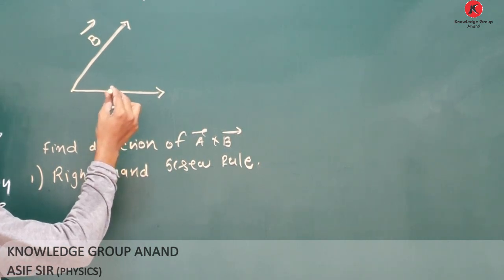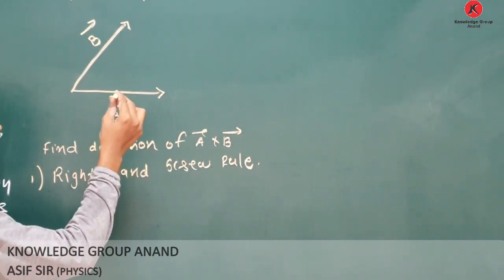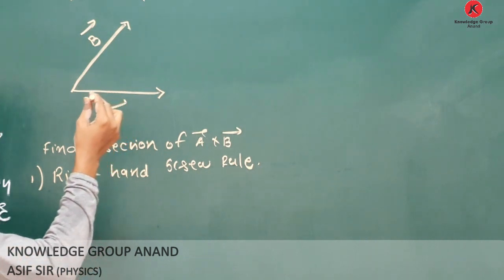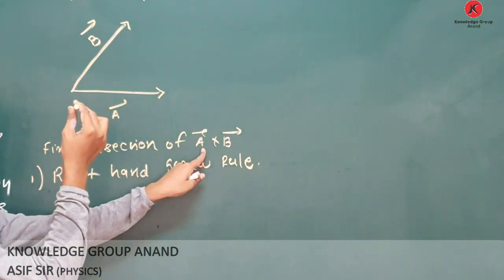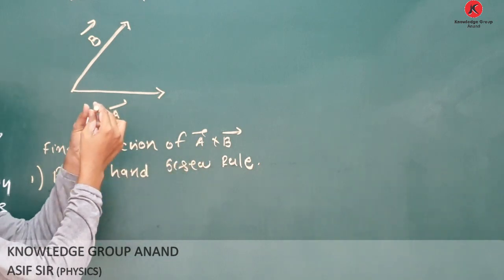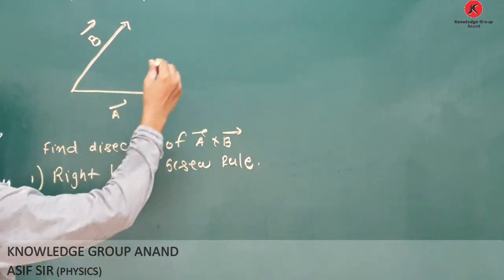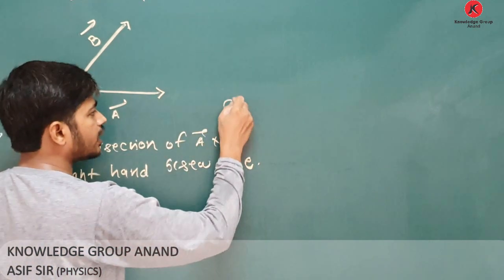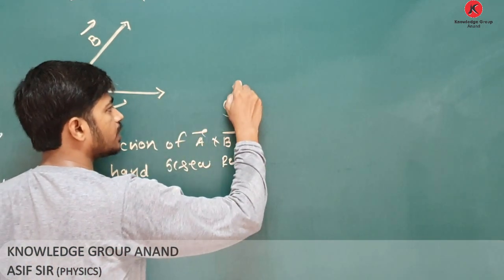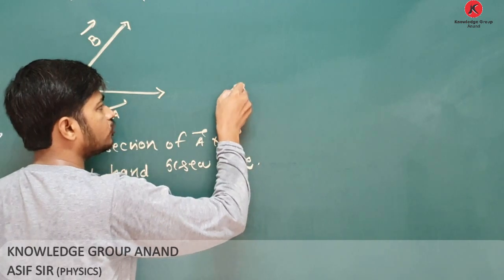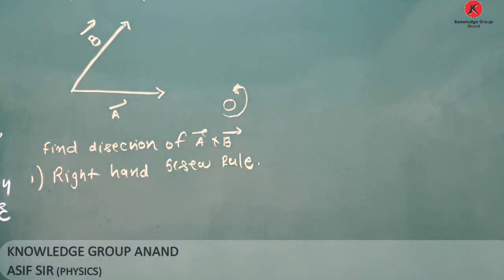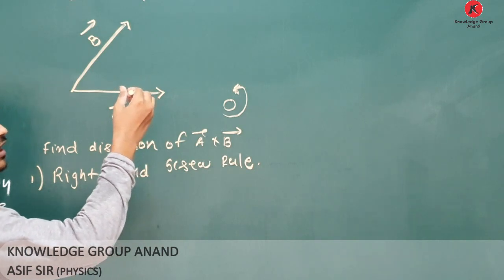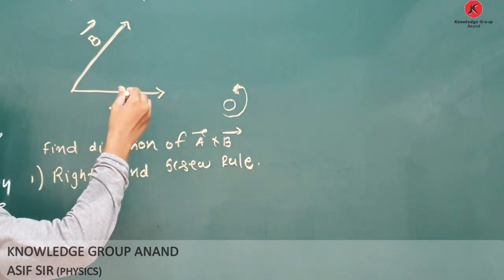Now rotate this screw from A to B, because we have to find the direction of A cross B. Hold the screw like this and rotate it in this direction, from A to B. If you rotate it, the screw will advance in one direction.